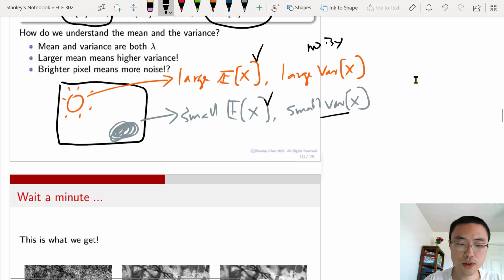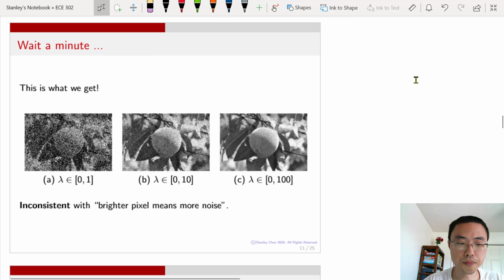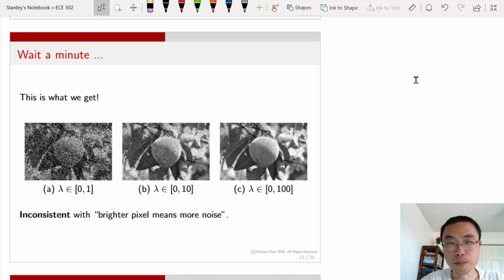But if you take an actual photo, this is what we are observing. Here you have a very, very dark scenario where we set the exposure time of the camera extremely short, so very, very few photons are coming to your camera. You're getting this.